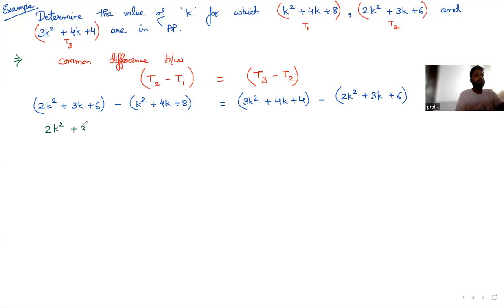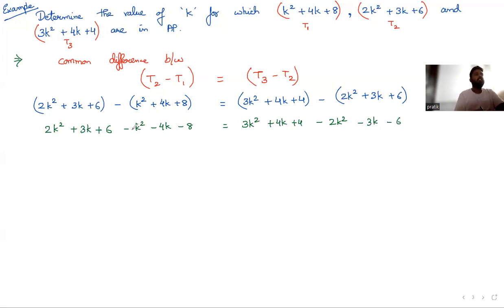I'll open the brackets for you, because people generally try to do it without opening the bracket, as a result of which you mess up with your plus minus errors, which is equal to 3k square plus 4k plus 4. So always remove the brackets. It becomes easier for you, because had there been a minus sign, then you would mess it up. Luckily in this question everything is plus, so it's quite easier.